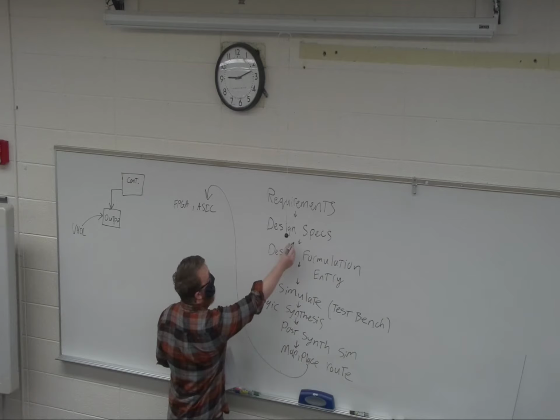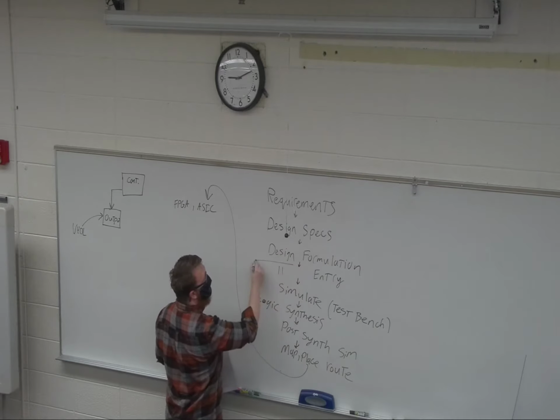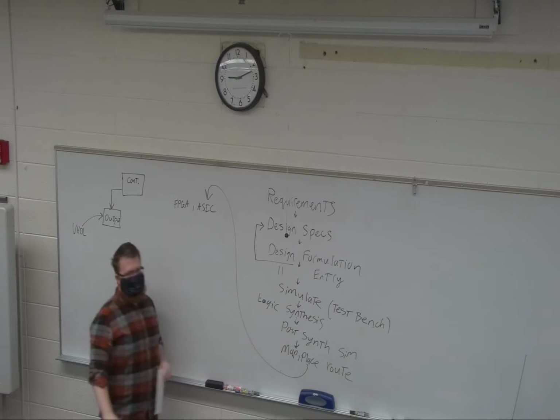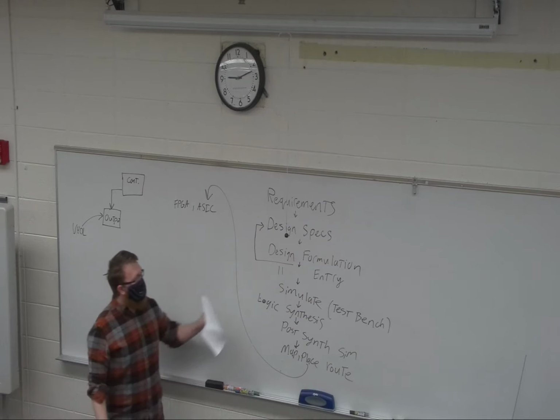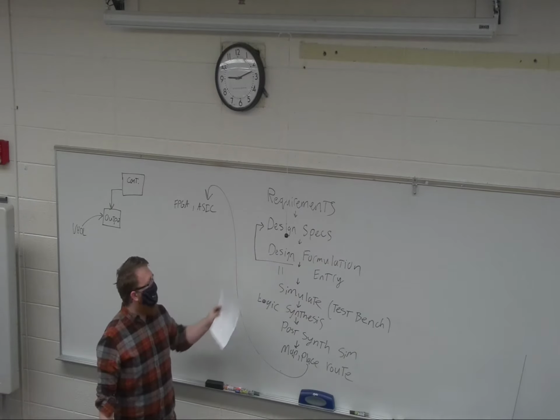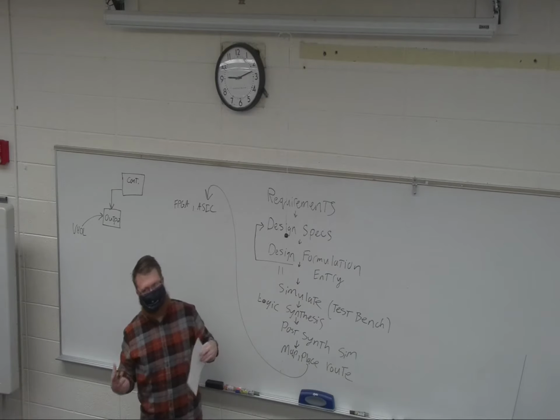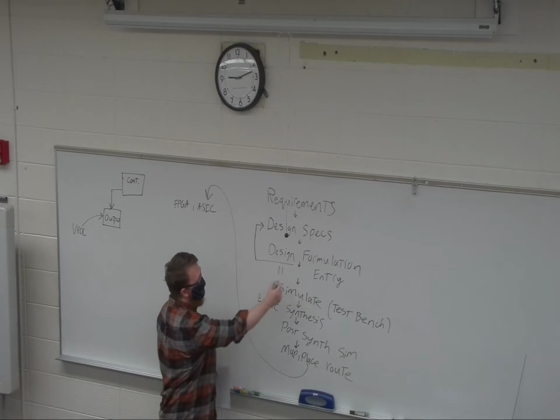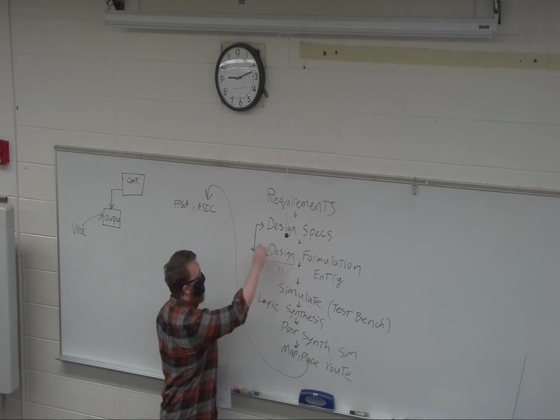So I draw arrows like so, from here, that I might go back to design specs, right? I may get somewhere and go, this isn't going to work. And I might have to come back to design specs, or I might come back to design formulation.